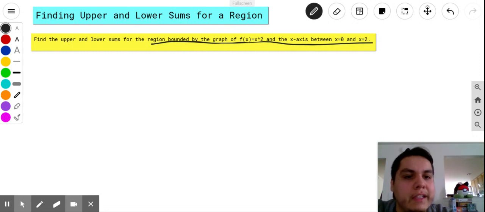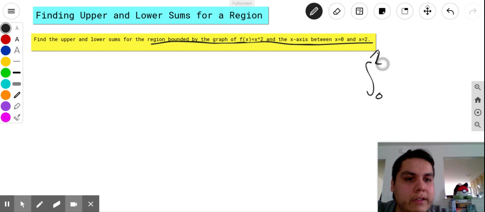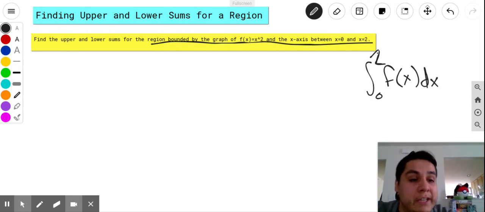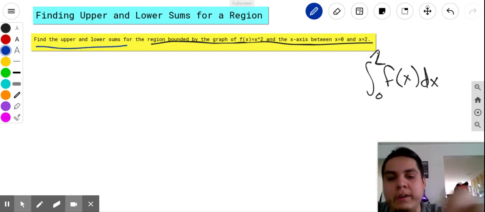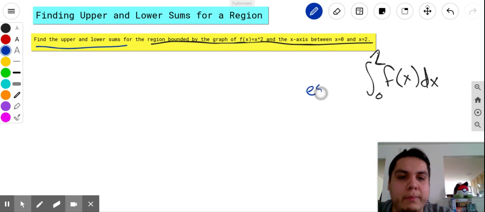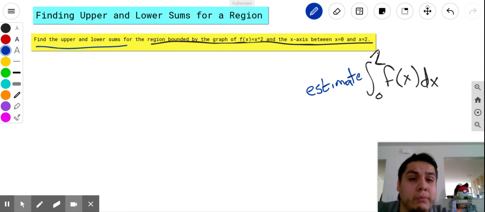That underlined part is asking you for the area from x equals 0 to x equals 2 of the curve bounded by the x-axis. But the issue is that we're trying to estimate it. So that's what we're really trying to do.